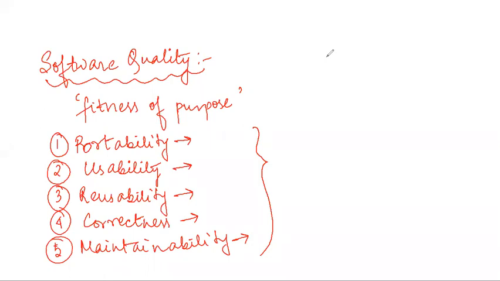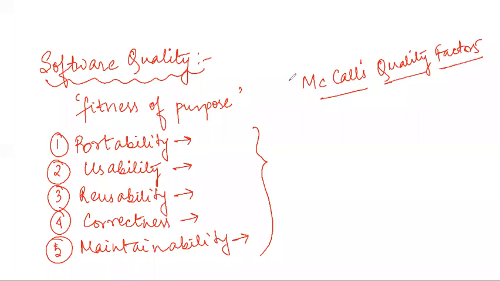Now, there is a scientist named McCall, he distinguishes two levels of quality attributes.